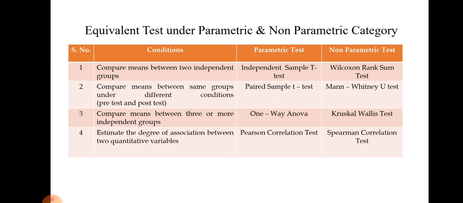And when the data is not interval data, it is ordinal data, some rank is given, then that is non-parametric, and we will apply the Spearman correlation test. So this overall table shows under the condition what are the various equivalent tests on the parametric and non-parametric list.